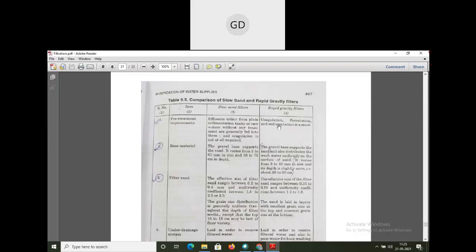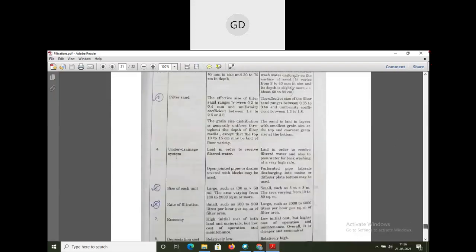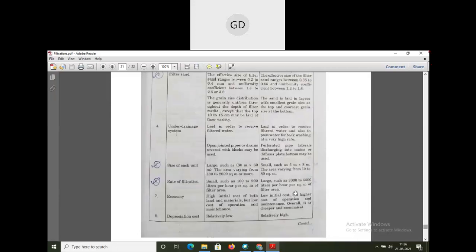For rapid gravity filters, coagulation, flocculation and sedimentation are very important. Also, for base material, what is the gravel base, what is the size of the sand, all these things are written. Filter sand, what is the effective size of your filter sand, then what is the size of each unit.